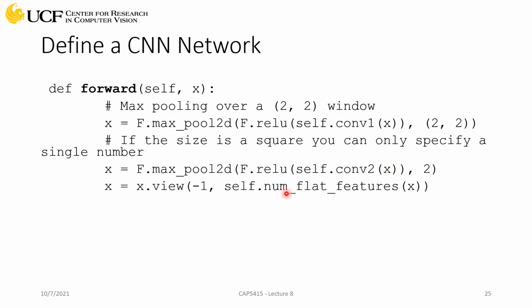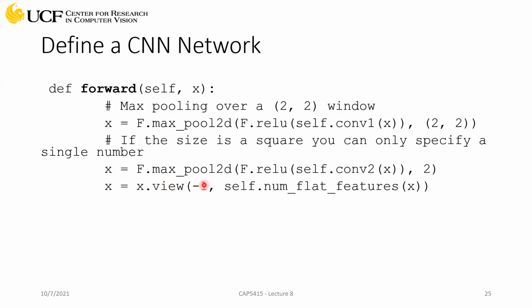So then this is the helper function which we have defined, and which is trying to find how many values we have in this activation feature map, X. And then it will find that out and just return that number. So then this is X.view. We had a pop quiz last time as well. What this does is just reshape your tensor.